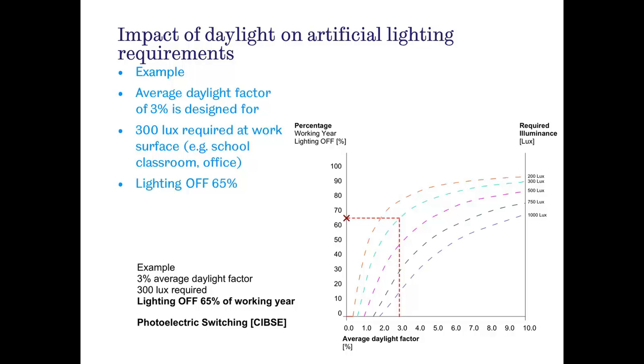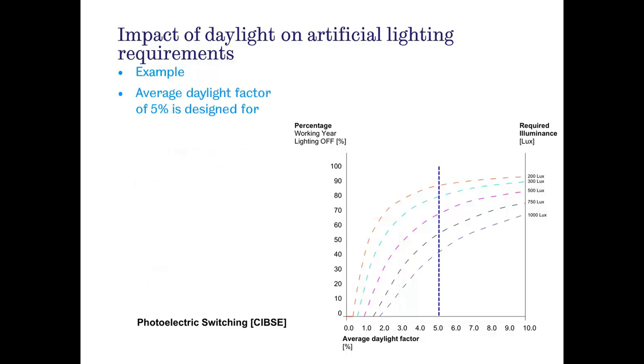Okay, we say working year because obviously in the middle of the night you would need the lights on, but you're not working in an office in the middle of the night. So very clear there, if you can get that daylight factor high enough, you can have the lights switched off for 65% of the working year.